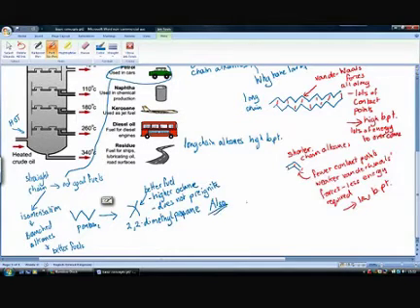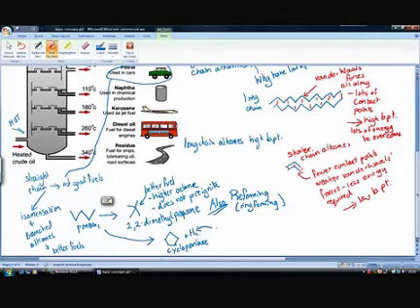There is another process that improves the fuel, and that's reforming. Now you can think of reforming as ring forming. If we take pentane again, straight chain pentane, and reform it, we can make cyclopentane, and we lose hydrogen.